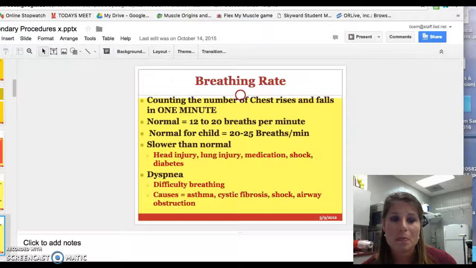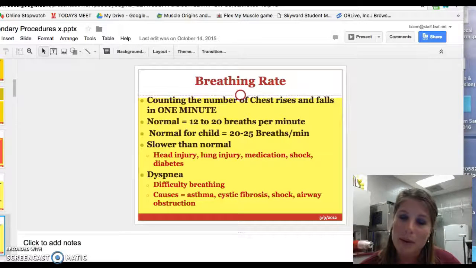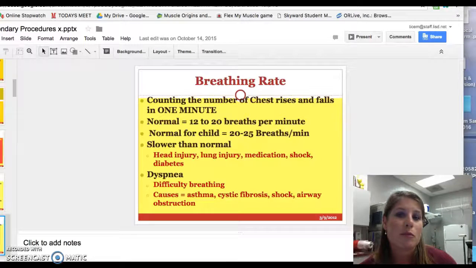Our last section that we're going to talk about today is breathing rate. Breathing rate refers to the number of breaths in 1 minute. You can measure breathing rate by looking down at somebody's chest, or you can put your hand on your chest and feel how many times it rises.